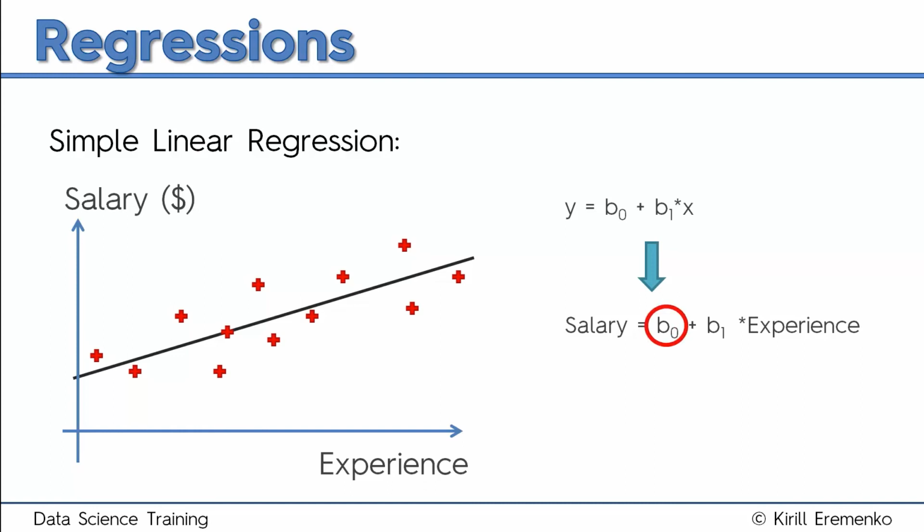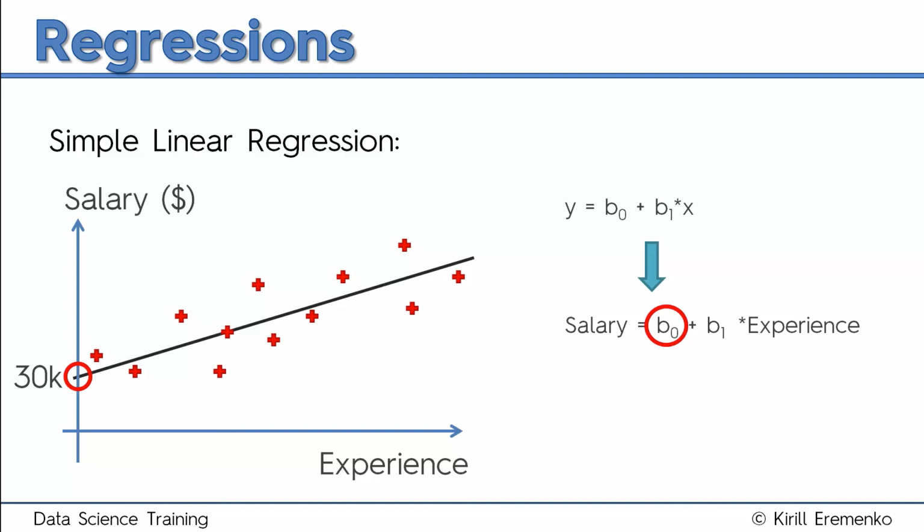So what does the constant mean here? The constant means the point where the line crosses the vertical axis. And let's say it's $30,000. What does that mean? It means that when experience is 0, as you see on the horizontal axis, then in the formula on the right, the second part, B1 times experience, becomes 0.